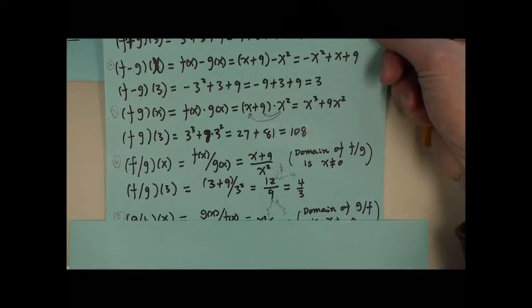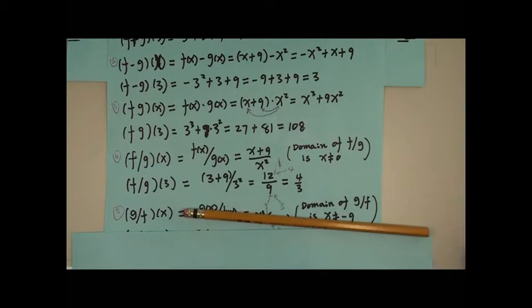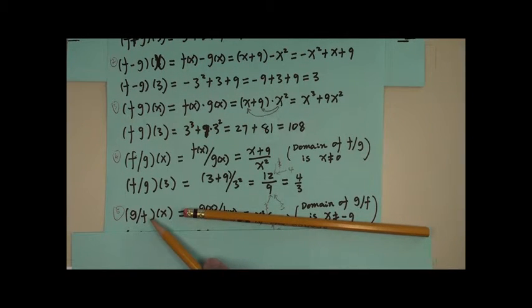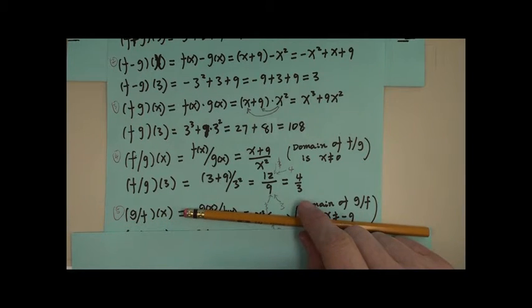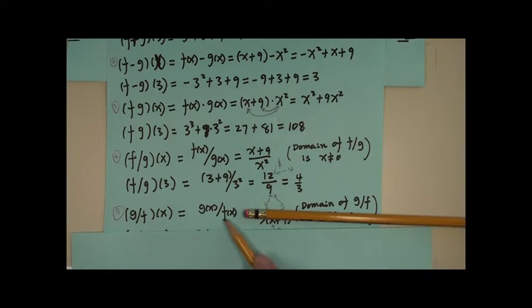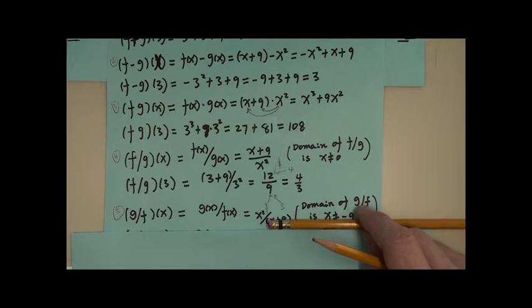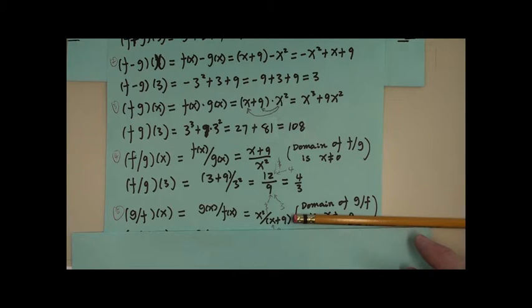Now, let's see more. How about g divided by f? g divided by f is a new function of x, and by definition it is defined in this way: g of x over f of x. Okay, g of x was x squared. f of x was x plus 9.